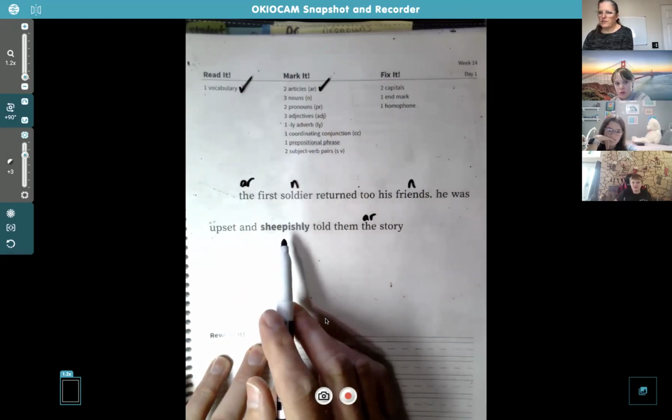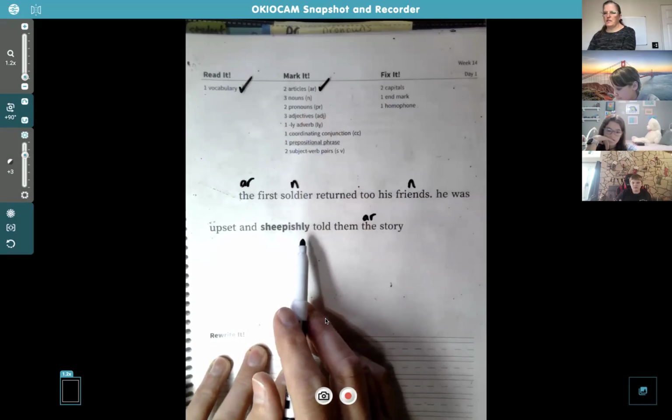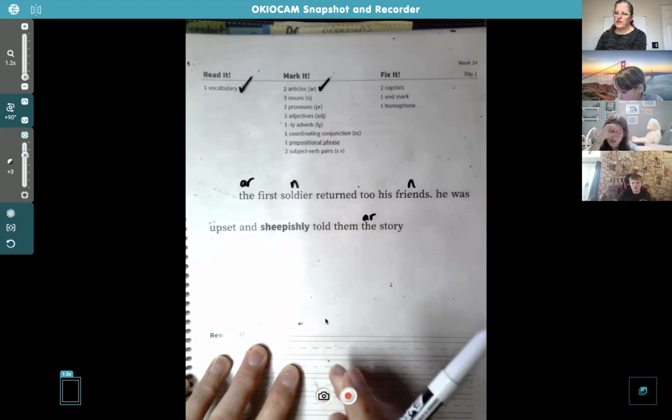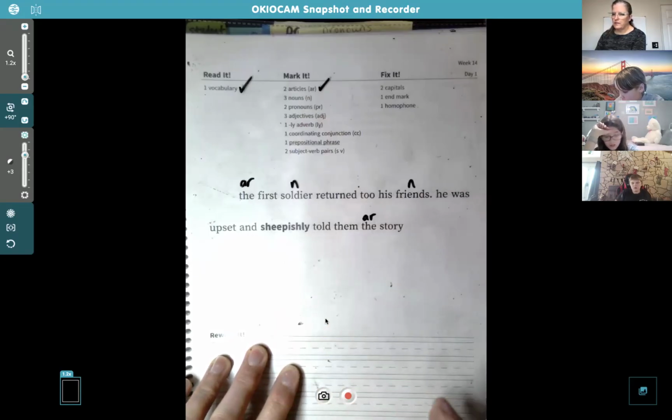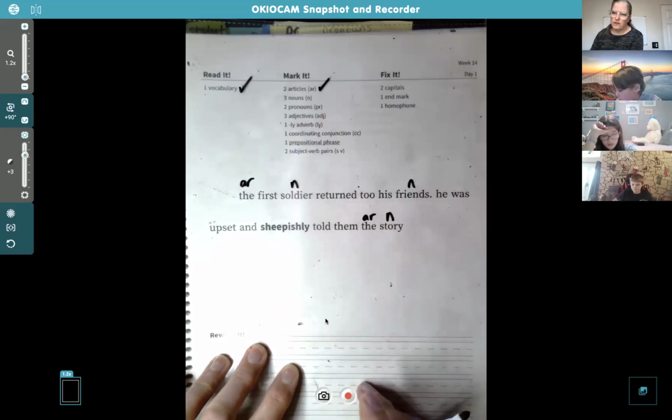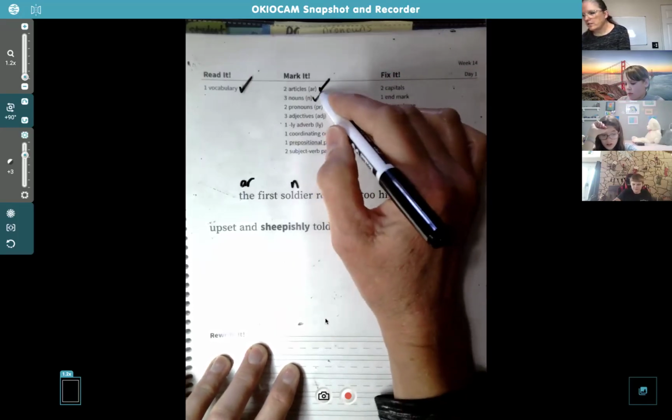Not sheepishly. That one's actually an adverb, but look for the article the. That's a clue that a noun is coming. Story. Yeah, there you go. So story is a thing. It's a noun. Good job.